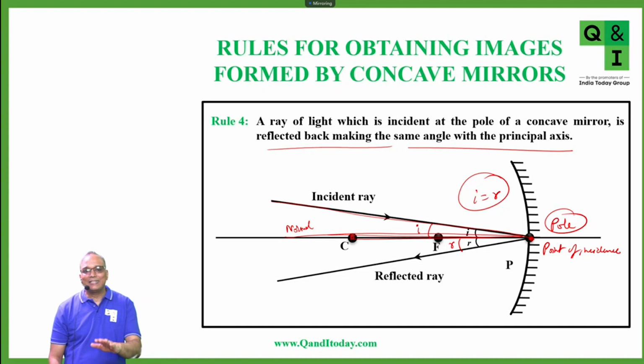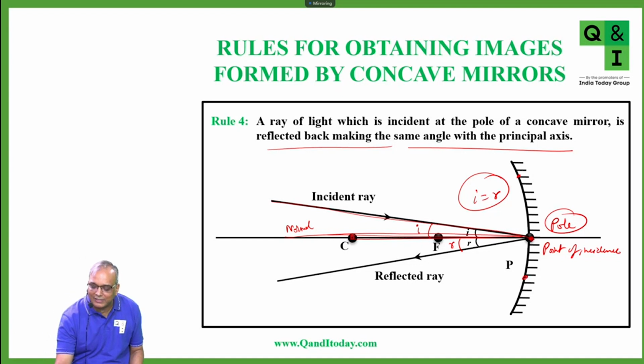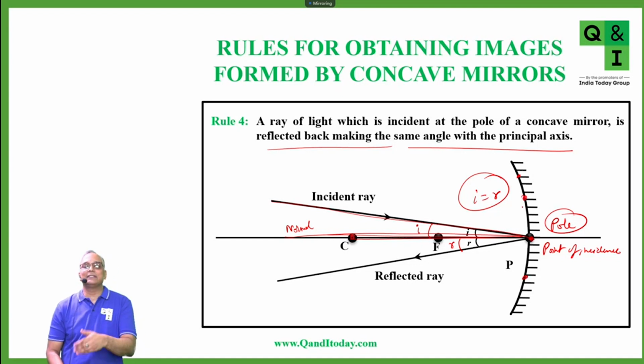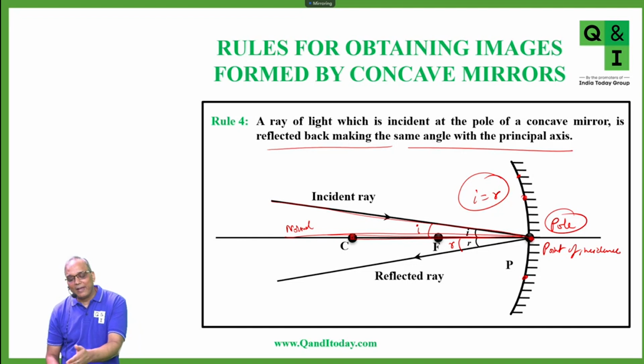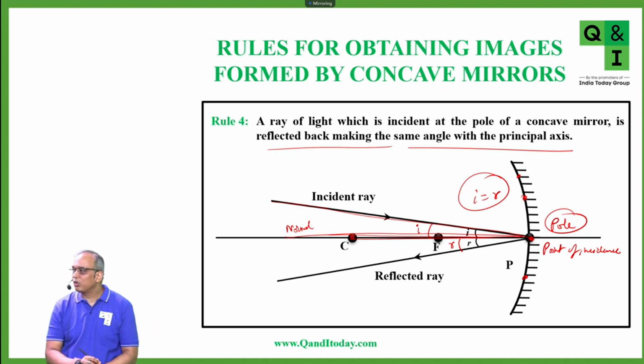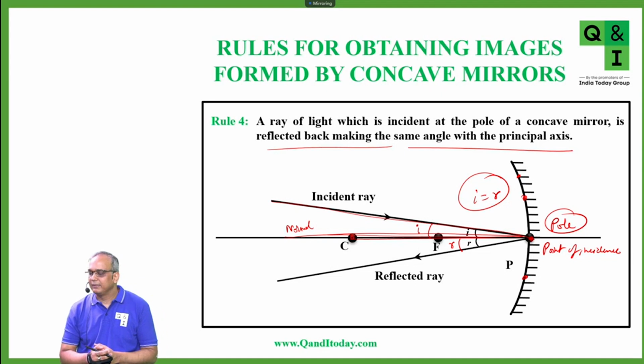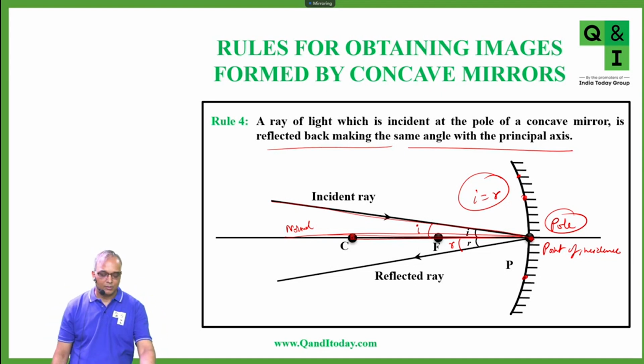It's nothing but the law of reflection at the pole of the mirror. The law of reflection is valid at every point, so it will be valid at the pole also, the pole being the point of incidence. Is rule 4 also clear? Good.